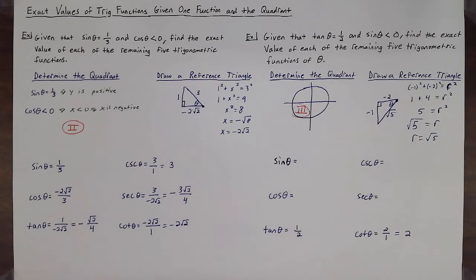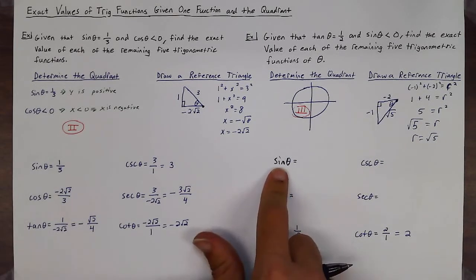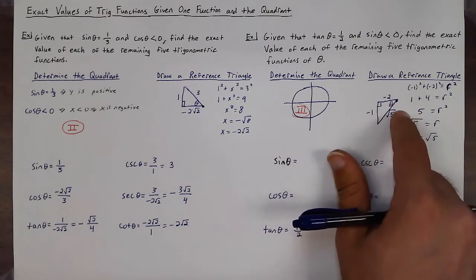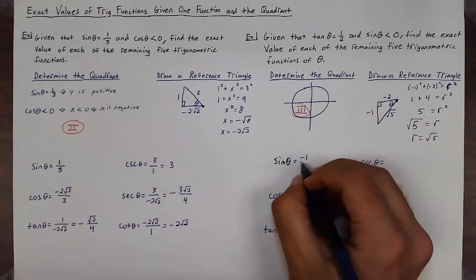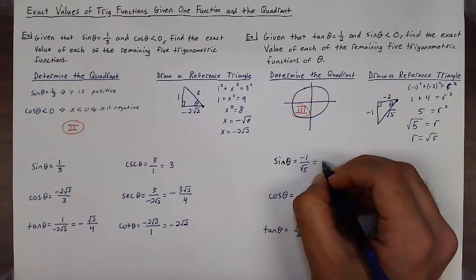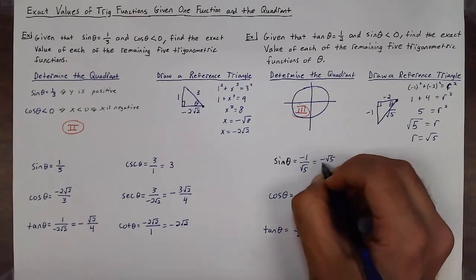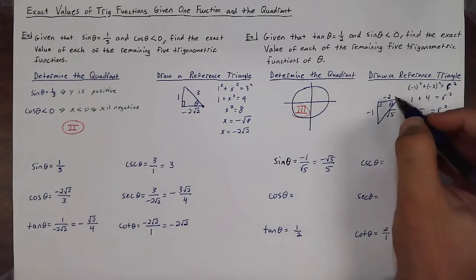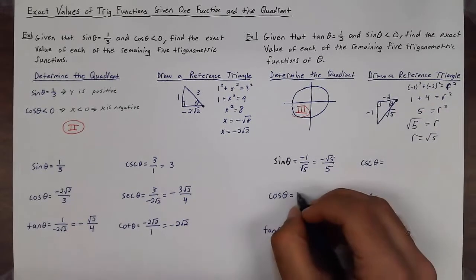So going through, I can find sine, which would be opposite over hypotenuse. So negative 1 over the square root of 5, which rationalizes to negative square root of 5 over 5. Cosine will be adjacent over hypotenuse, so negative 2 over the square root of 5.